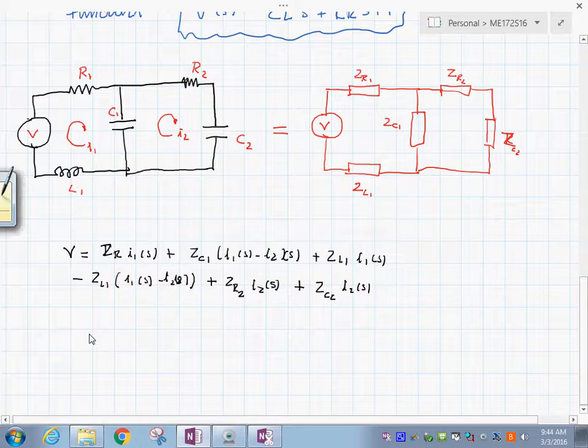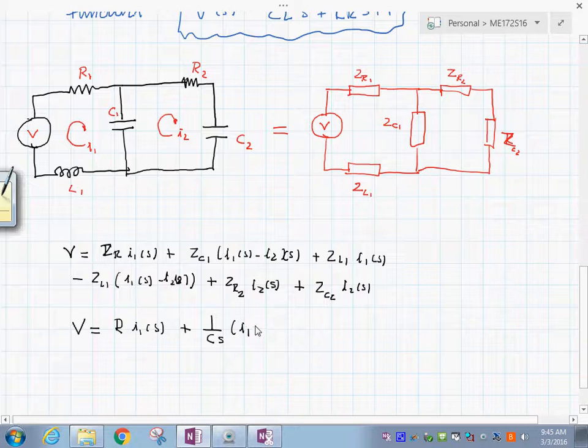And this would hold for any number of loops. And then you have plus R sub 2 times I sub 2 of S, and then plus 1 over C S times I sub 2.